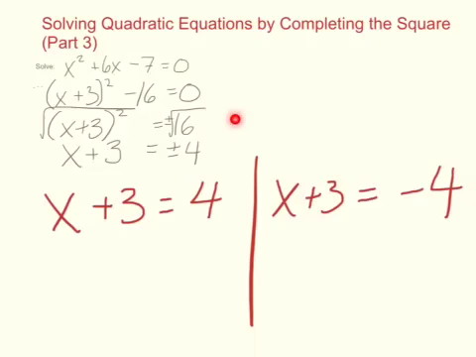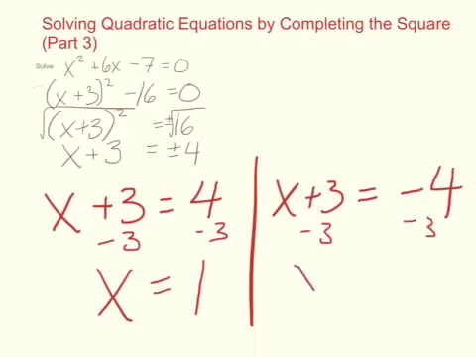So if x plus 3 equals 4, we'll subtract 3 from both sides and get x equals 1. And if x plus 3 equals negative 4, again we'll subtract 3 and have x equals negative 7.